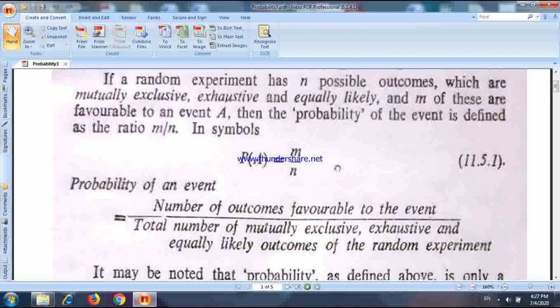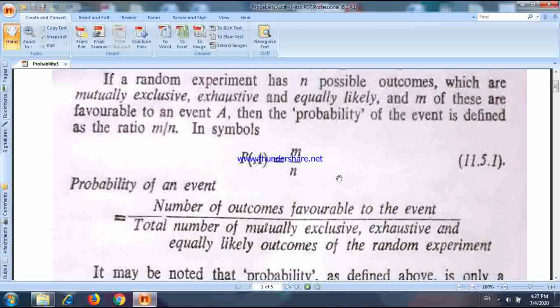Suppose I declare another event C as an event of getting a number greater than 0 when a dice is thrown. So when a dice is thrown, the total number of possible outcomes n equals 6, and how many outcomes are favorable to C? That means how many outcomes are greater than 0.